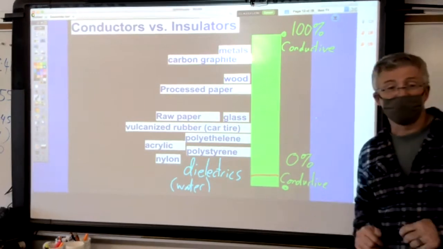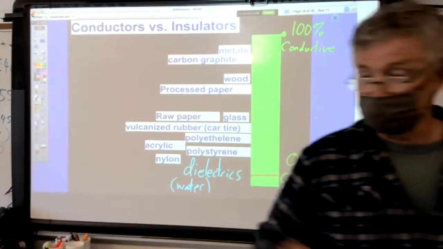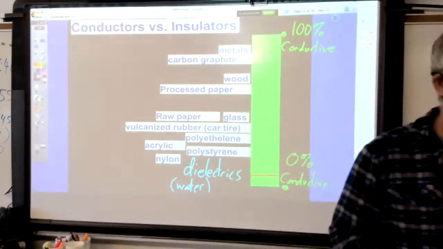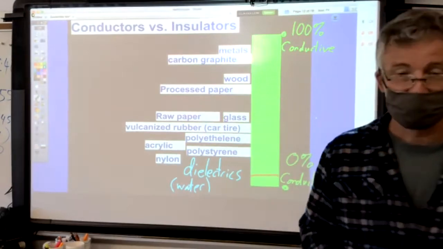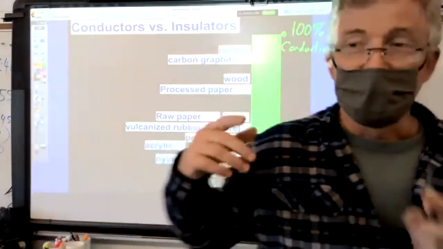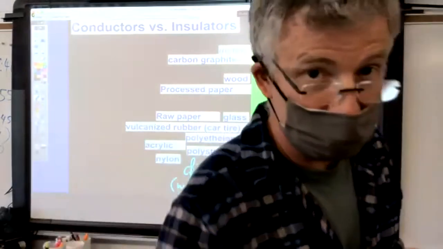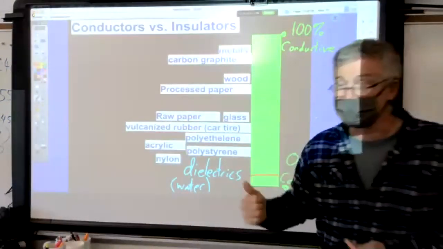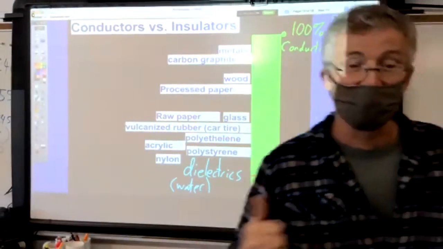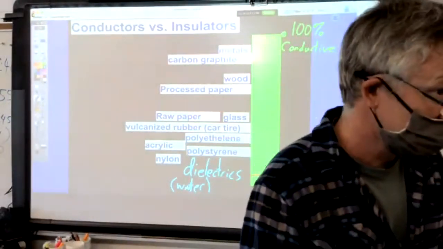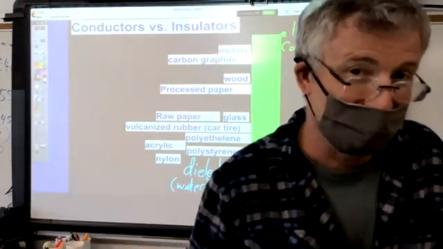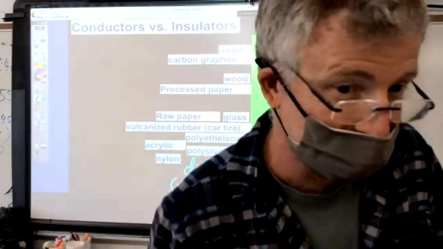For metallic conductors, I'm going to go through the top four. I'm going to remind you that which makes metals good conductors of electricity is the same thing that makes metals good conductors of heat, and it's the same thing that makes metals shiny.